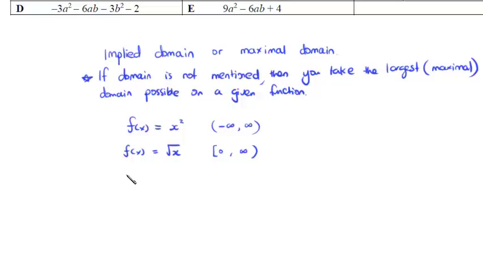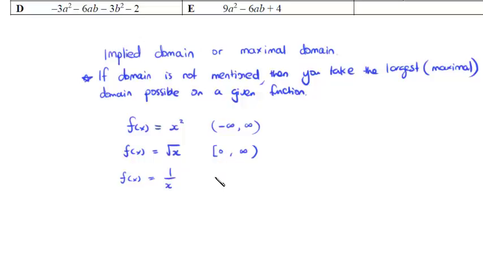If I give you f of x is equal to a hyperbola, 1 on x, the largest possible domain for this one is any value of x. So x value can be anything except what? Except 0, because you can never divide anything by 0. Denominator should never be 0.